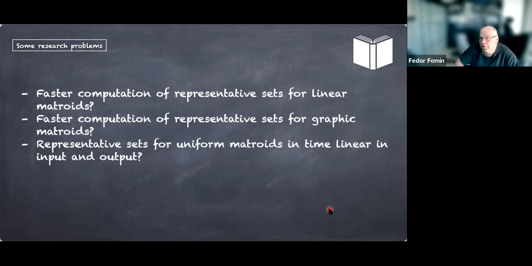Then also for uniform matroids, which are quite simple, it looks a little controversial why we have to represent them as linear matroids. This looks like an overkill, but who knows, maybe there is something we just don't see so far.